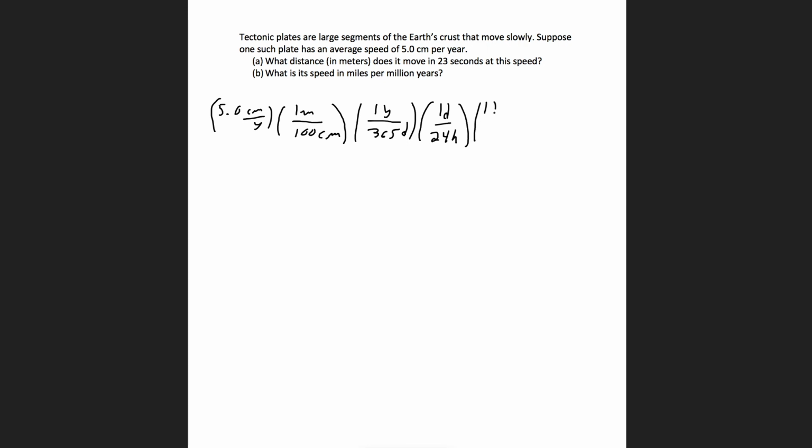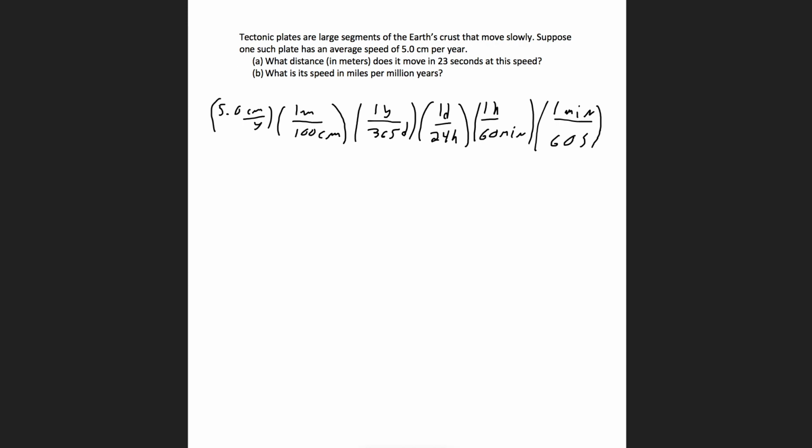One hour is 60 minutes. And 1 minute is 60 seconds. So if we did this right, it should leave us with the meters per second.